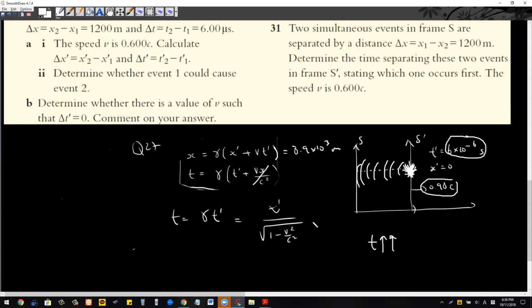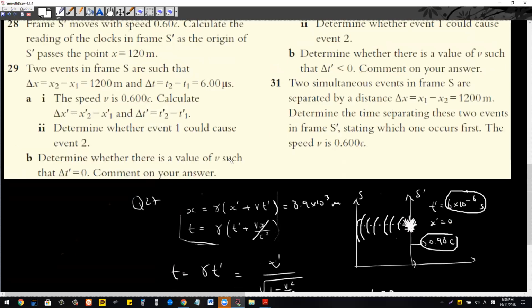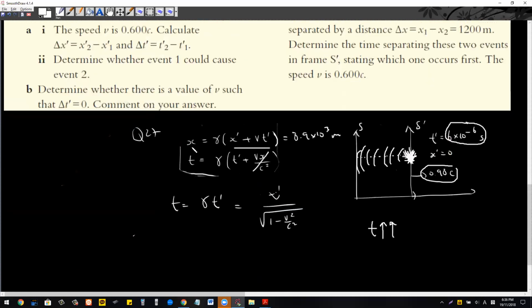Yeah. So question 27, the second part, which is the when part, this equation simply simplifies down to time dilation. Why does it simply become time dilation? That is because you see how this event occurs on the S dash at the origin, so it doesn't take any time for this event to get to the S dash.